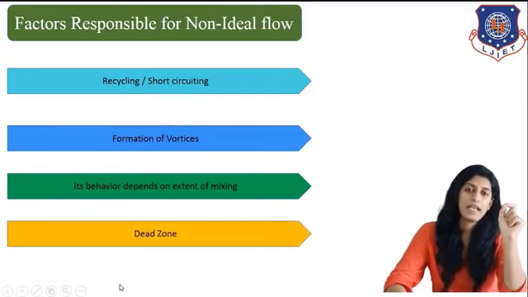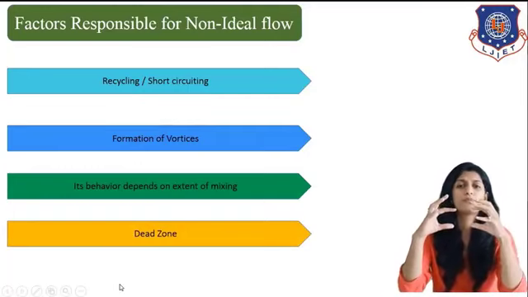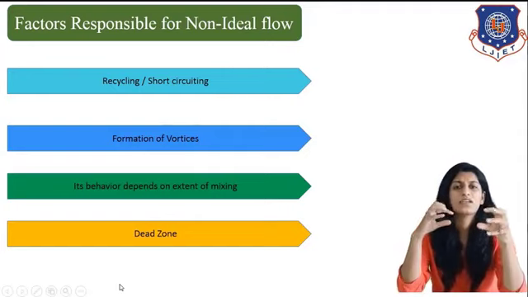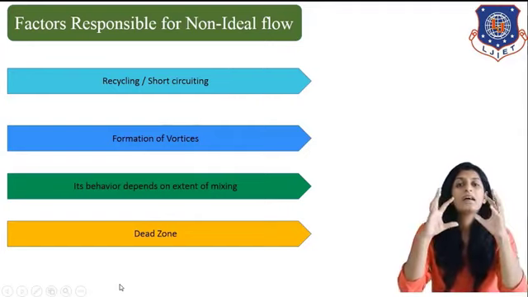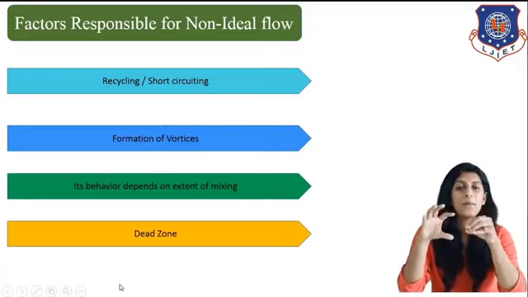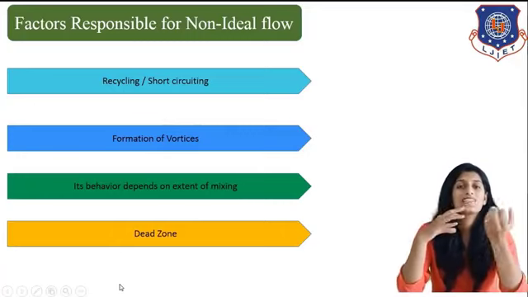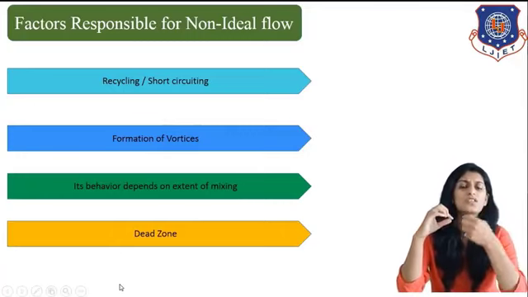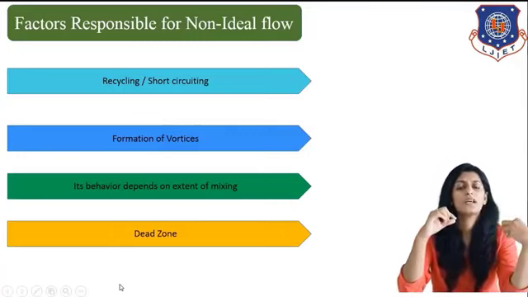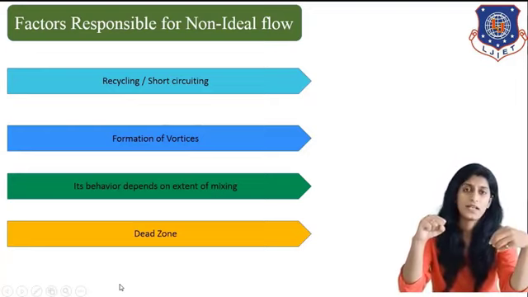In case of reactors, there are a few spots inside the reactor where reactant are just dumped and they are not participating in the reaction. Generally, dead zones occur at corners or at the bottom of the reactor, right?